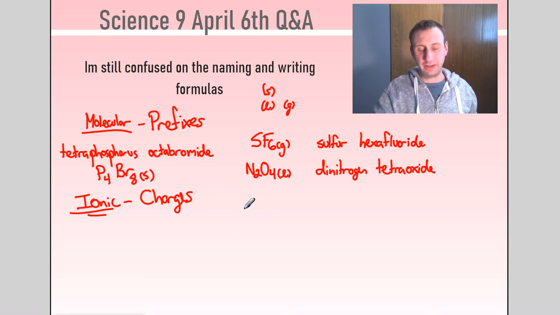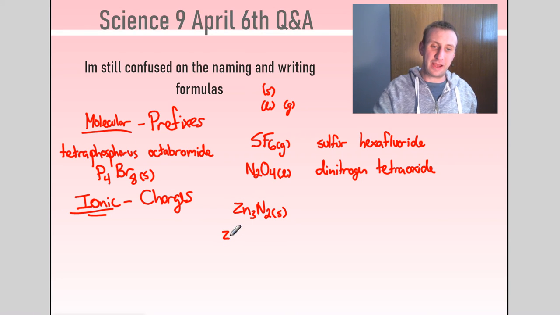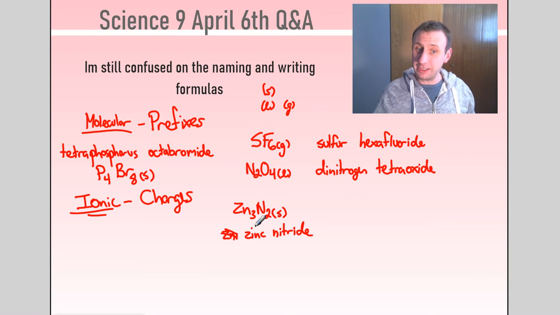So if I have something like Zn3N2, I'm not using prefixes, right? Ionic is about charges, so all I do is say that I have zinc nitride. Notice the lack of prefixes for ionic. Because it has a metal, it's ionic, I don't use prefixes.